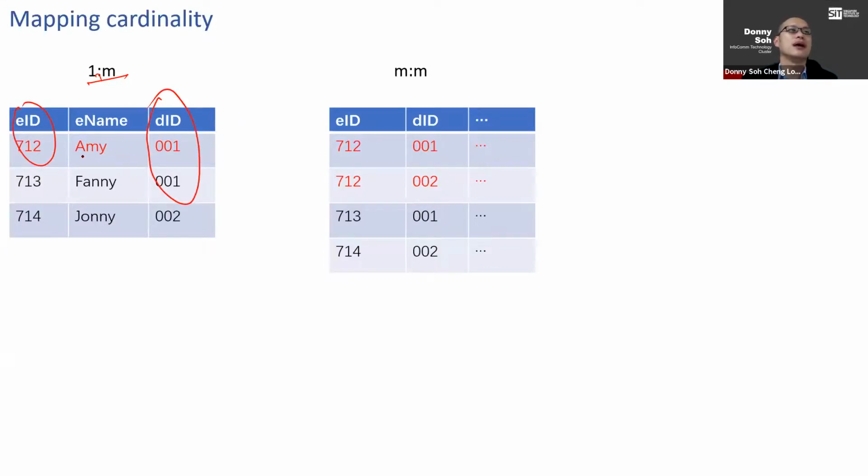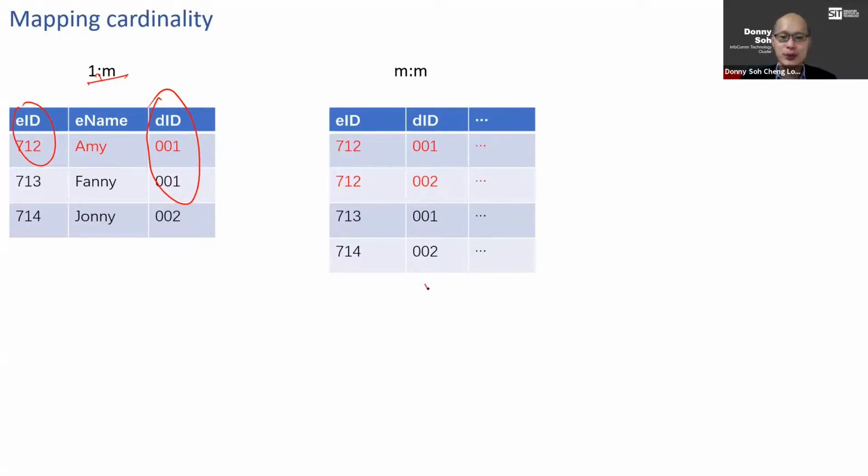One employee can only belong to one department. So that's department. But one department can have many employees. So that's why I have employee someone two and department 001. So 001 has many employees, but each employee can only belong to one single department. Okay.